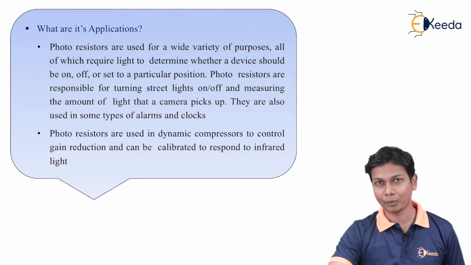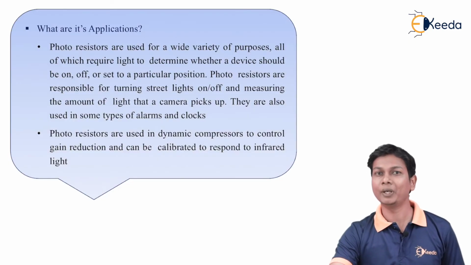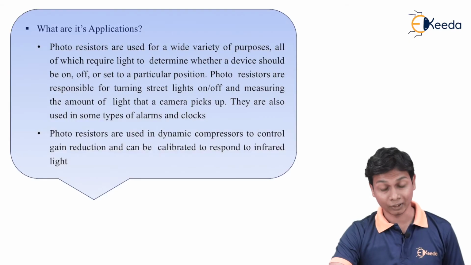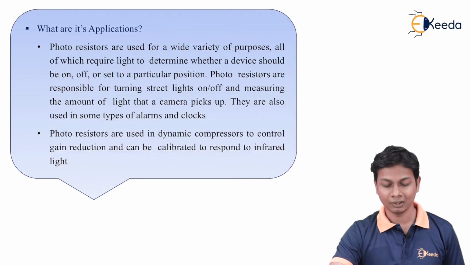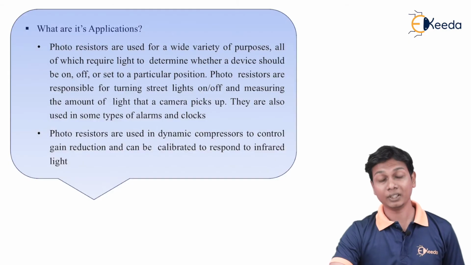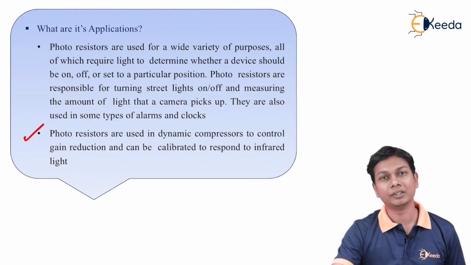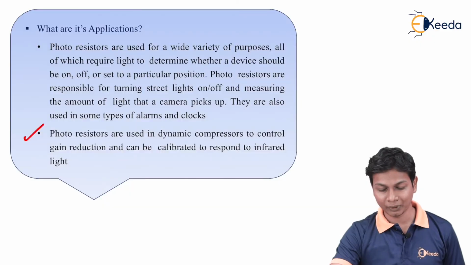In advanced alarm clocks, it is used to sense light, and depending upon the sensed light, the clock works. A photoresistor is also used in a dynamic compressor to control gain reduction, and it can be calibrated to respond to infrared light. This is an industrial application: for the response to infrared light, a calibration to control gain reduction is used.